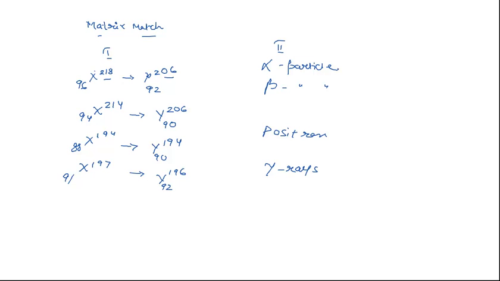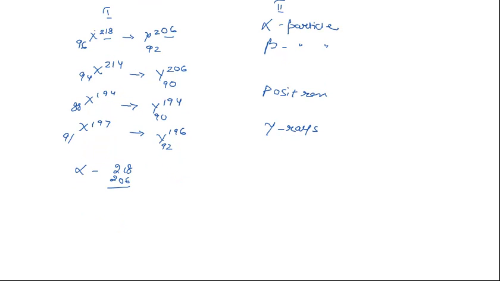There will be a few alpha particles, that is 218 minus 206, and it will give us 12. So how many alpha particles are emitted? 12 divided by 4, and these are 3 alpha particles. Is there beta emission also? We can take out the number of beta particles. That is 92 minus 90 by 1, and that is equal to 2 beta particles.